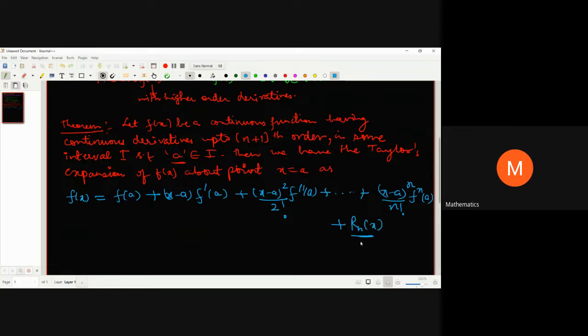Now this R_n(x) is given by (x-a)^(n+1)/(n+1)! times the (n+1)th derivative of f at some point c, where c lies between a and x.